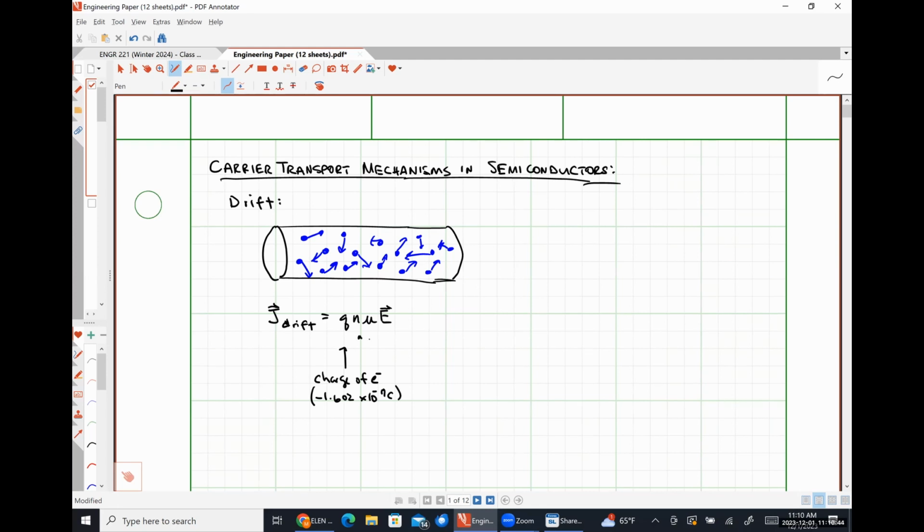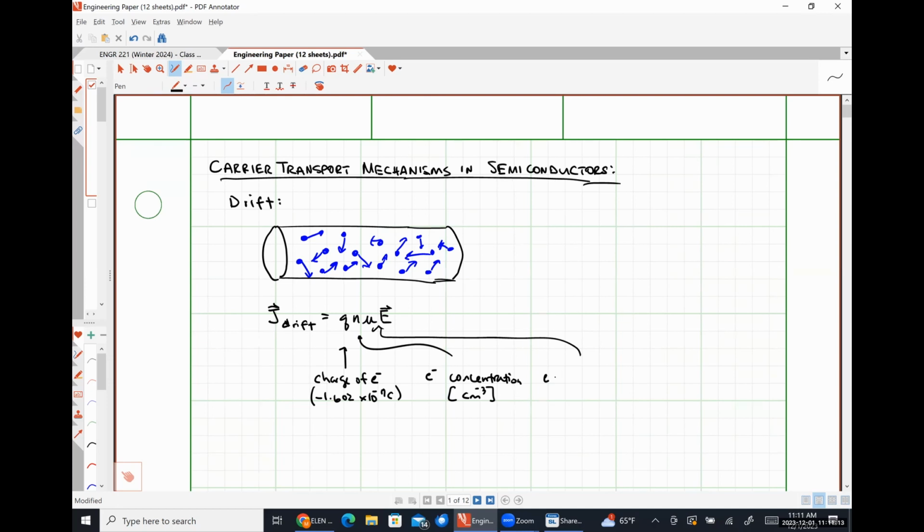N here is the electron concentration, measured in per centimeters cubed. Mu, let me make this line go out further, in this case is our electron mobility.